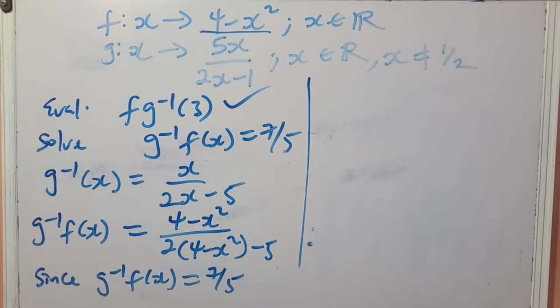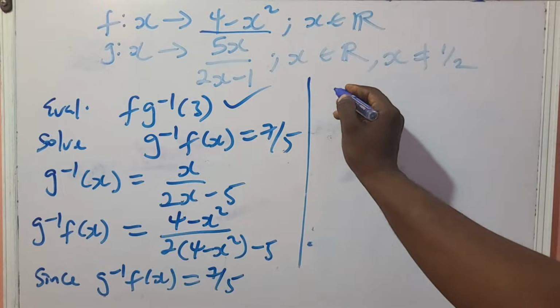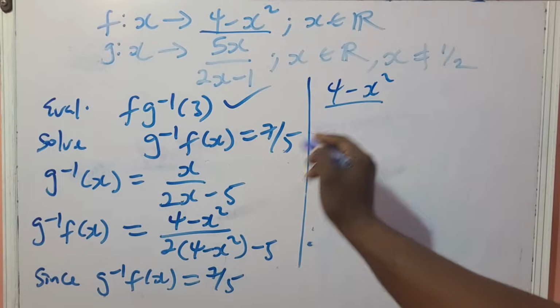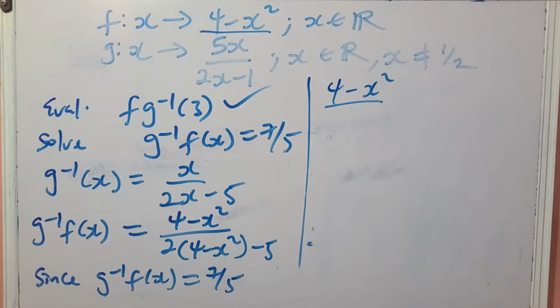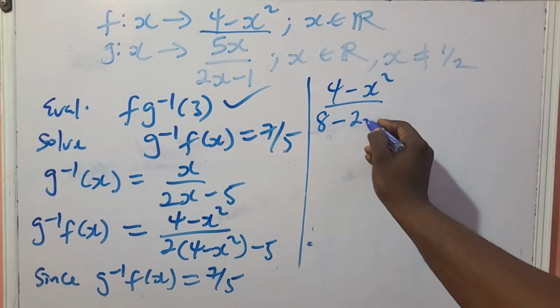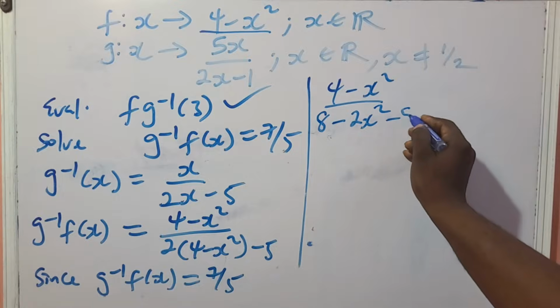So you want to have 4 minus x squared over, now let's try and open this if we can. This is 2 times 4. This is 8 minus 2x squared minus 5.